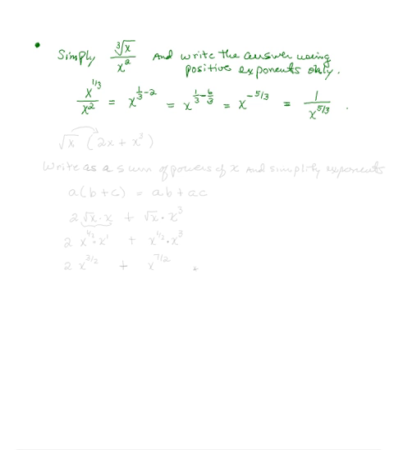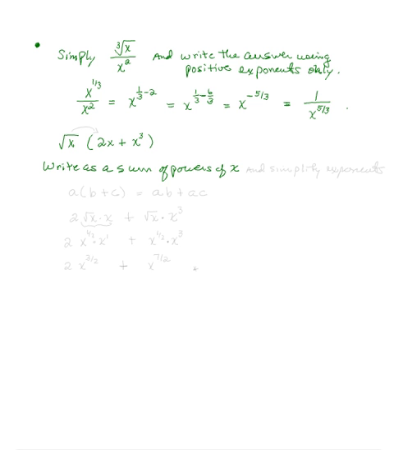Okay, now a second example. I'm going to start with the square root of x multiplied by 2x plus x cubed, and I want to write this as a sum of powers of x.